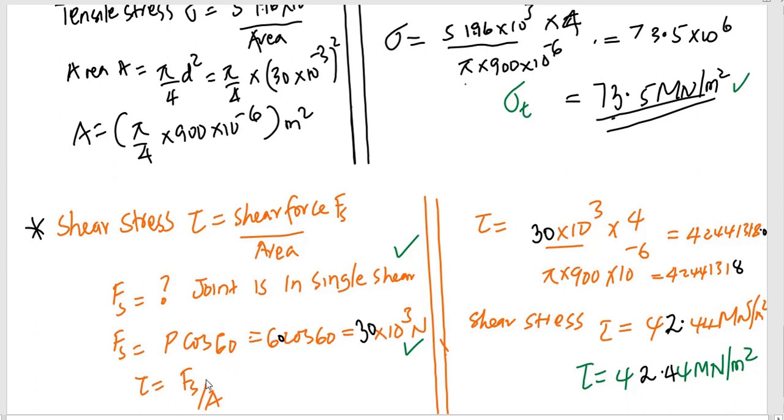So Fs, which is the shear force, is equal to 60 kilonewtons cos 60, and this is going to be 30 times 10 to the power 3 newtons. Now it means tau, which is the shear stress, is equal to that force divided by area, and this will be 30 times 10 to the power 3 over area, and finally the answer is 42.44 meganewton per square meter.